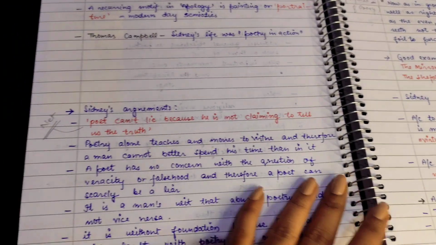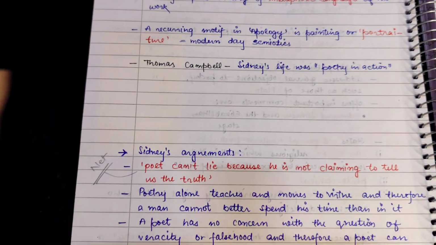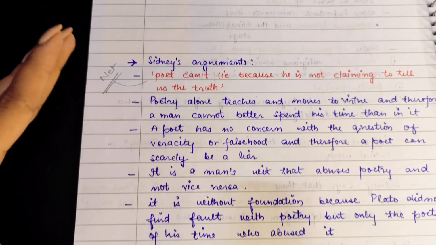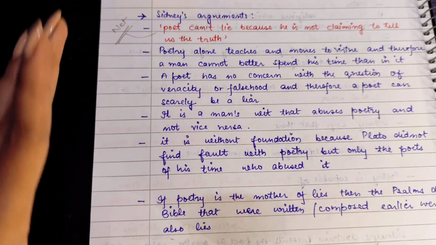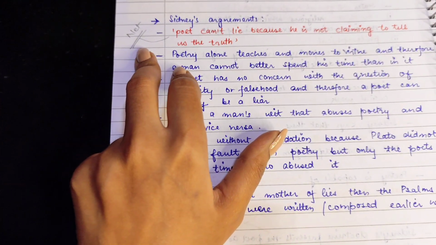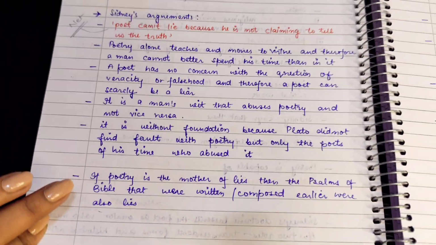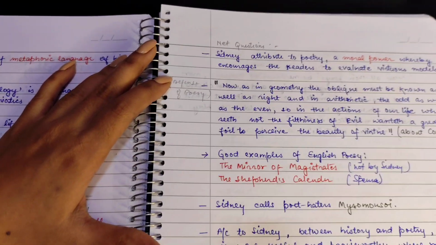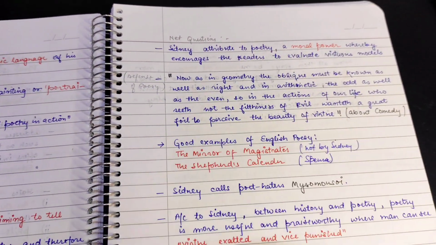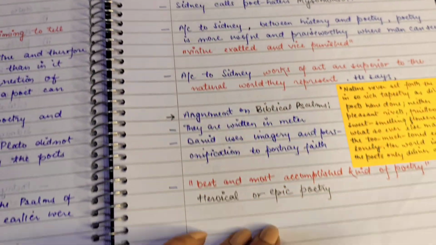I hope that is useful. Here you can also see I've left a lot of space, and here you can see I have included the lines from PYQs as well. So yeah, just see what kind of arguments he made. Okay, and then here, the NET questions that have come from PYQs, I have written all of those questions here.